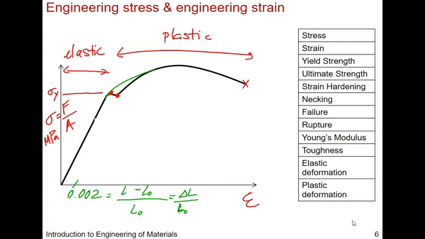And we've said, okay, well, if it's about 0.002, that's your yield strength. And so yes, this is strain, and this is stress. Stress is the force that's applied divided by the cross-sectional area, F divided by A.